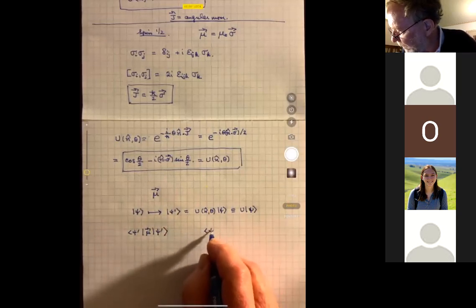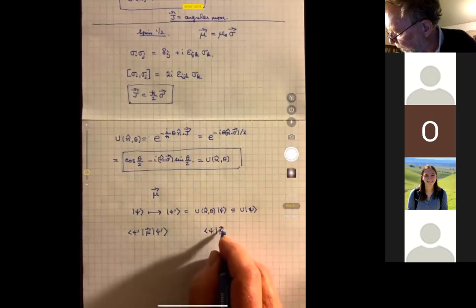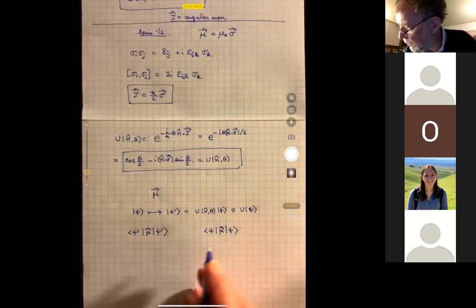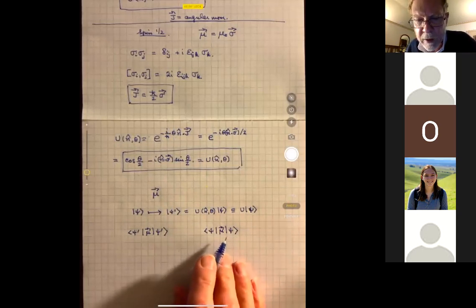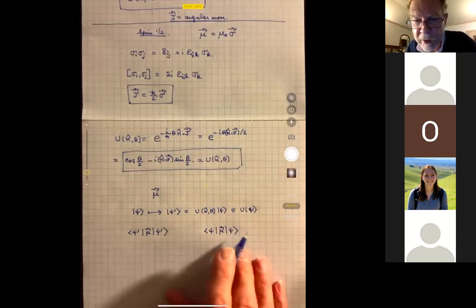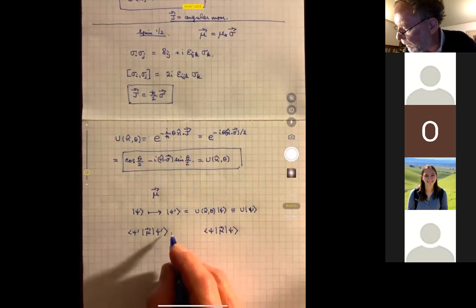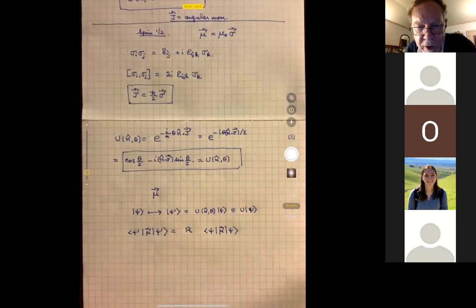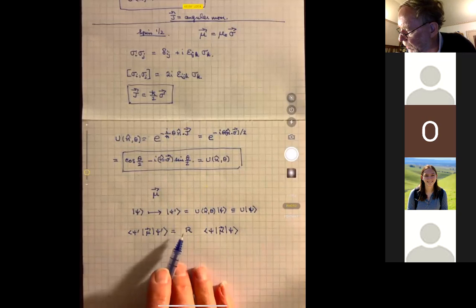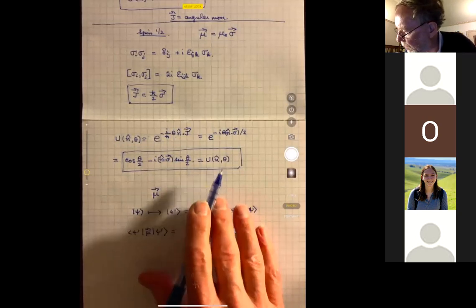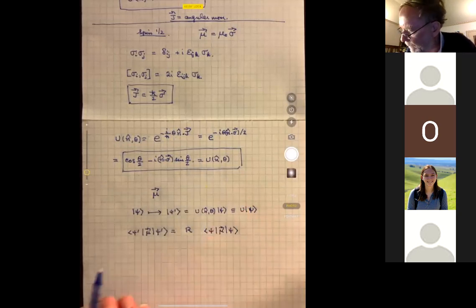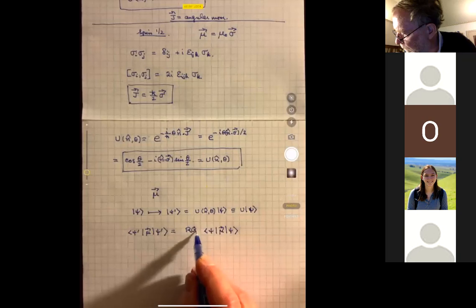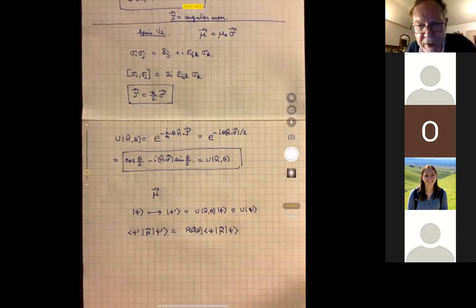We can compare that to the expectation value of the magnetic moment operator in the unrotated state, which is over here. It just has no primes. What relation do we expect between them? Well, I think it's clear that the expectation value in the rotated state ought to be the rotated version of the expectation value in the unrotated state, where this R has the same axis and angle as this U that I'm speaking of here. You can be explicit about that if you want. R of n hat theta in there, okay?